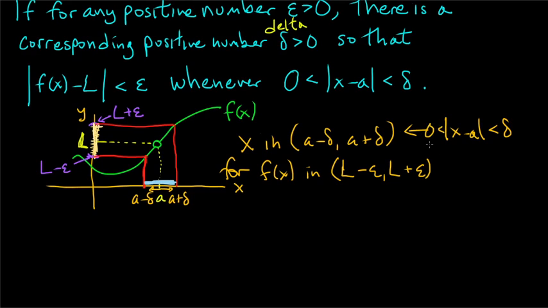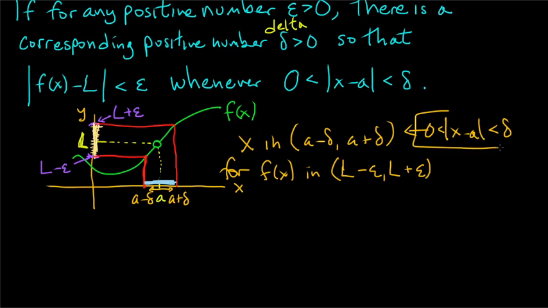And the reason why this has to be positive: if this were to equal 0, then x would equal a. And remember, we don't care what happens when x equals a. The limit doesn't care what happens when x equals a. So we don't want x to be equal to a. That strict inequality ensures that x cannot be equal to a, but it still has to be close to a. And this is how close it has to be.